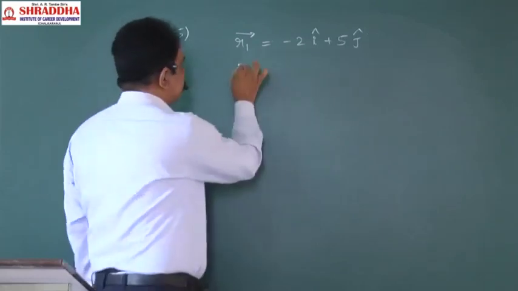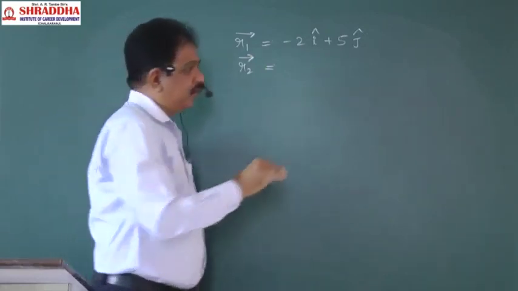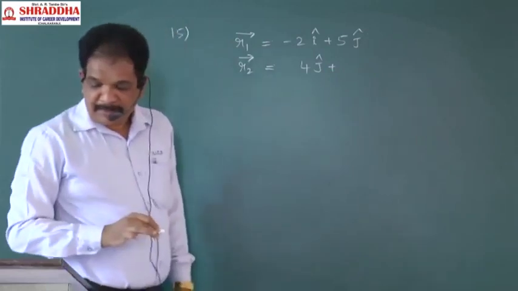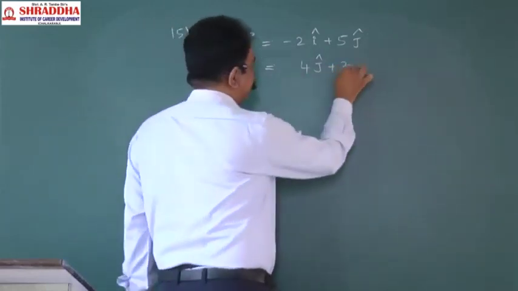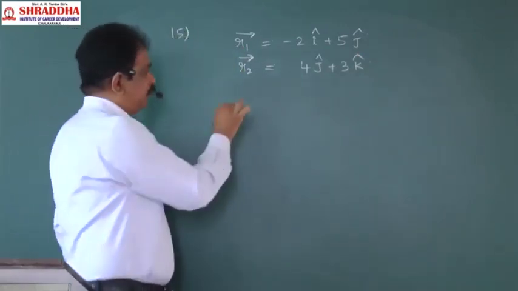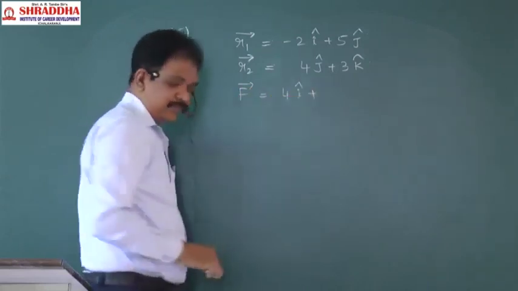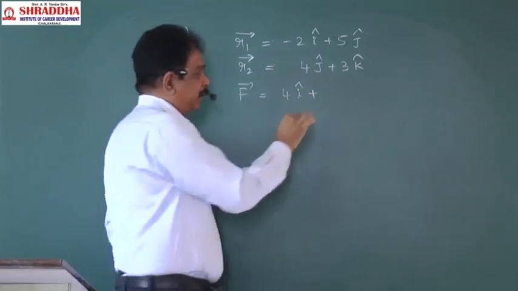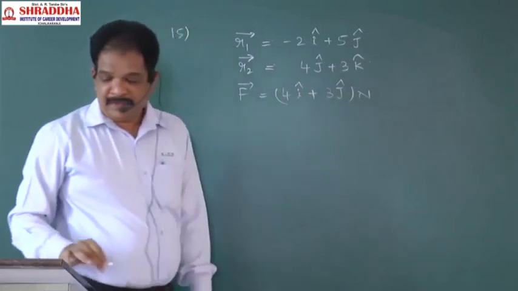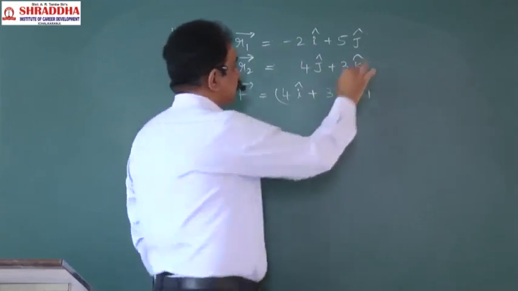Final position R2 bar is equal to 4j cap plus 3k cap. When a force of 4i cap plus 3j cap Newton is applied, the units will be meters.